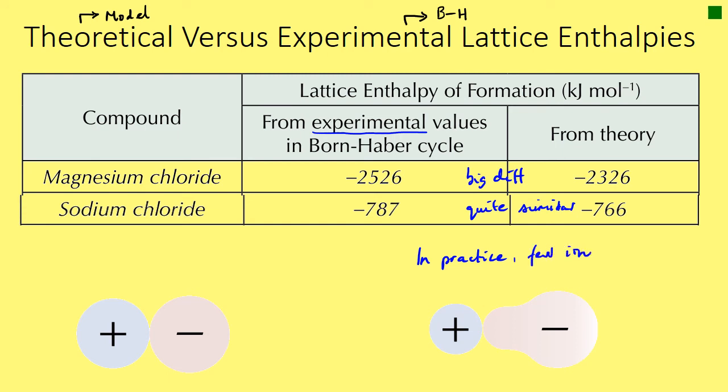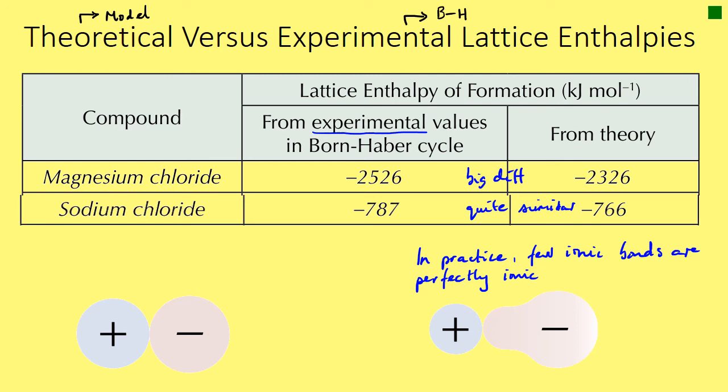few ionic bonds are perfectly ionic. This slight polarization that's happening with our negative charge cloud around our anion is called covalent character, because that anion is sharing some of its negative electron charge.